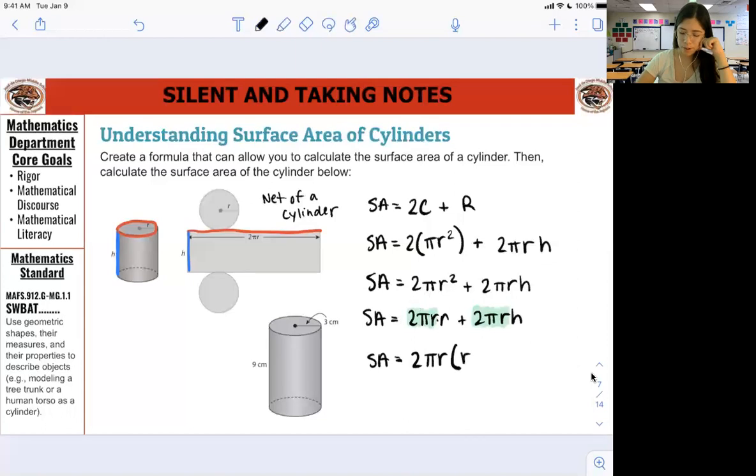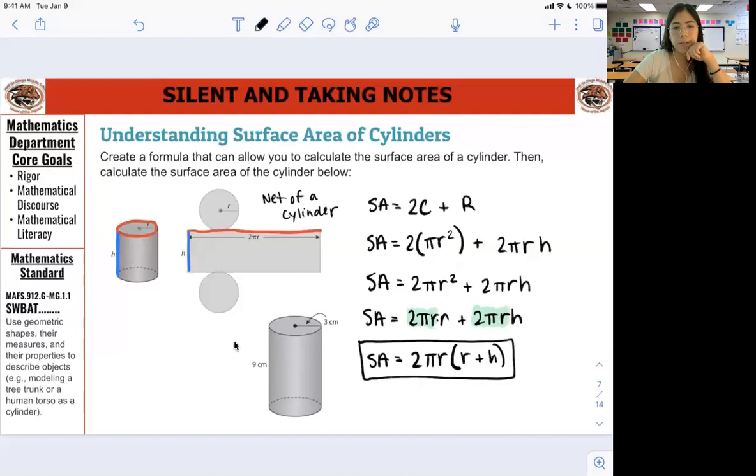I am left with r and h. So I factored this out and I'm left with r over here, and over here I'm left with h. So they go inside the parentheses. Remember that factoring is just the opposite of distributing. If I distributed this, I would go back to where I started. So I have 2 pi r times r plus h, and that is my formula for the surface area of a cylinder.